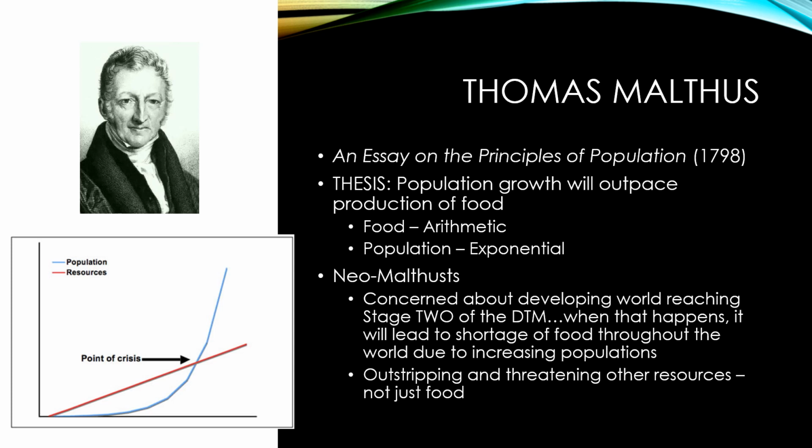And that's not just food. That could be other resources as well, whatever those might be. So the core of this idea is that population explosion is going to overtake the amount of resources we can produce to be able to handle that growth in population.